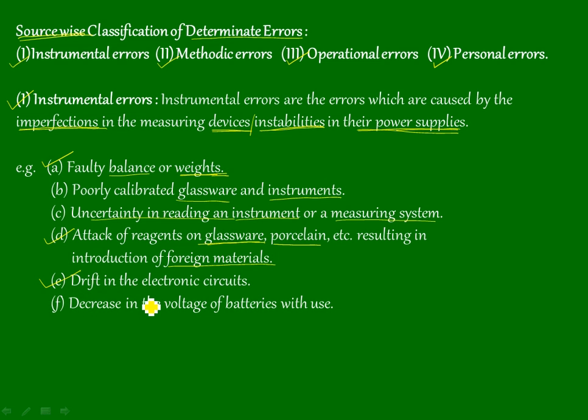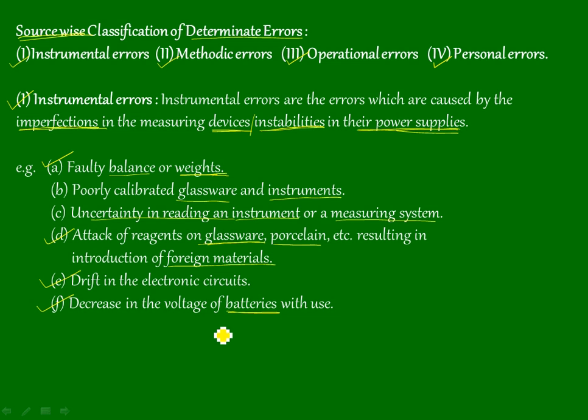Then there can be a drift in the electronic circuits, which can again lead to error in the measurement. And then there is decrease in the voltage of batteries with use. If you are using instruments which work on batteries and the batteries have a voltage problem, it will propagate into the measurements.